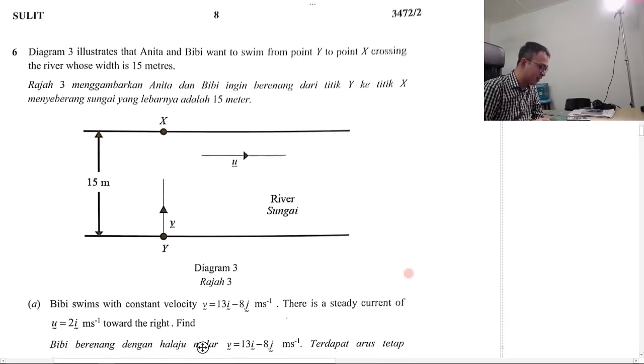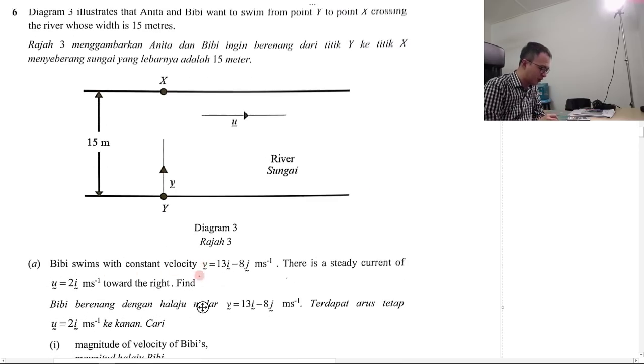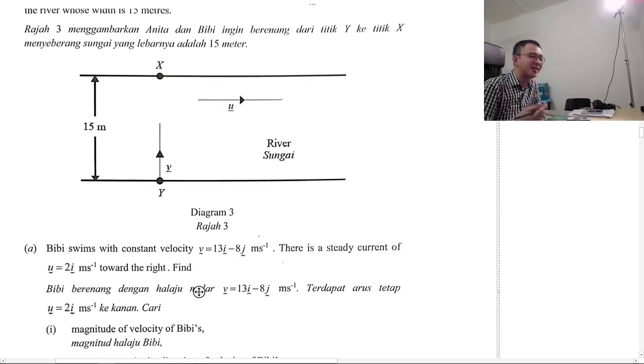So the first thing is, the question says the diagram illustrates that Anita and PP want to swim from point Y to point X, crossing the river with a width of 15 meters. And PP swims at constant velocity v, and there is a steady current u, which is 2i, and it is 13i minus 8j. Because this velocity at the same time tells us about the directions.